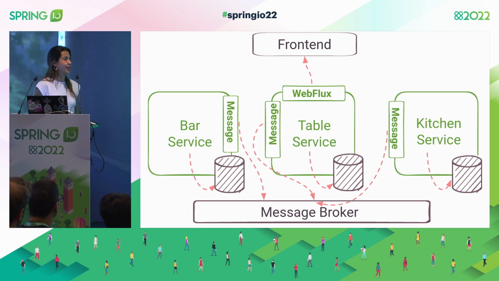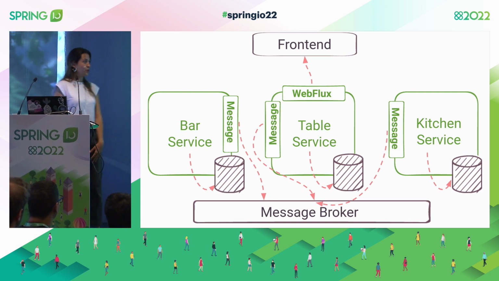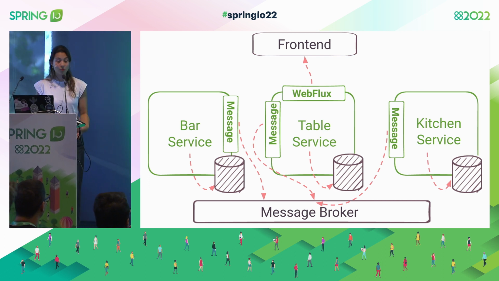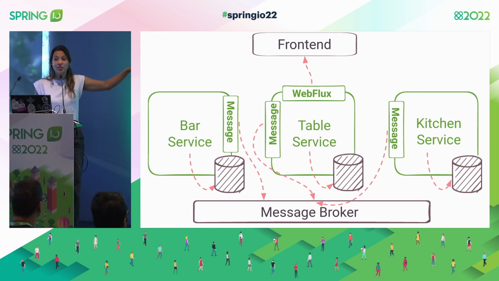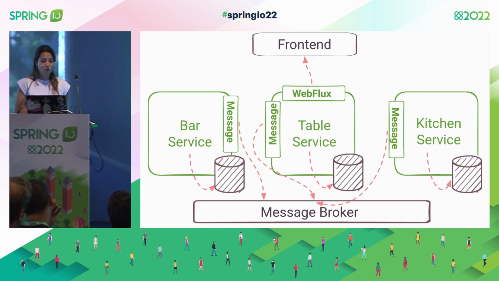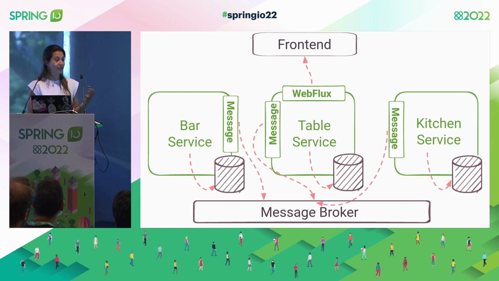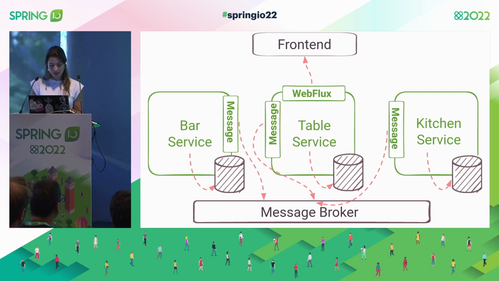There is a bunch available. And you could still use the reactive part where it makes sense. So you could still have a reactive connection to the database, because overall, it's quite useful to have non-blocking services when it comes to the communication with the database. And well, maybe you also have some WebFlux still available to connect to the front end.